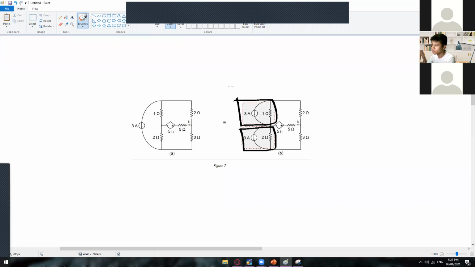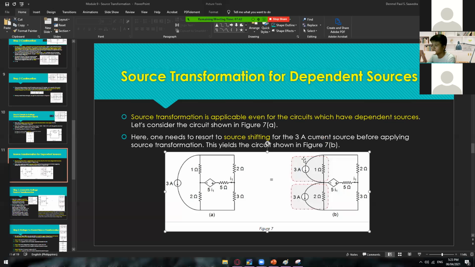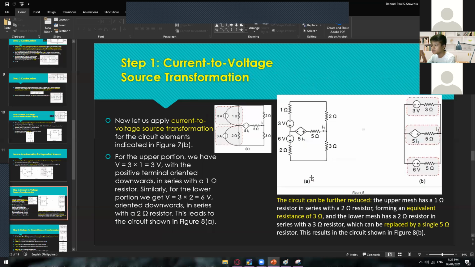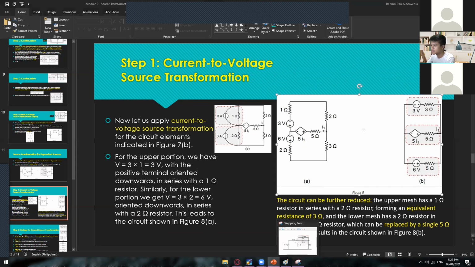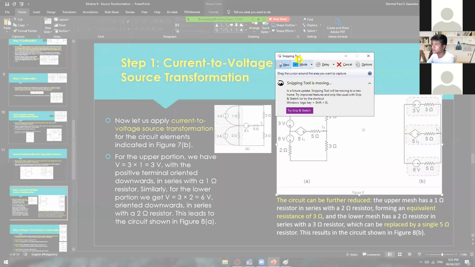Again, just apply the concept that you have learned. If it's current to voltage, it must be in parallel, and once you have converted that into a voltage, it will become series. Once you have solved that one, you will come up with this connection.